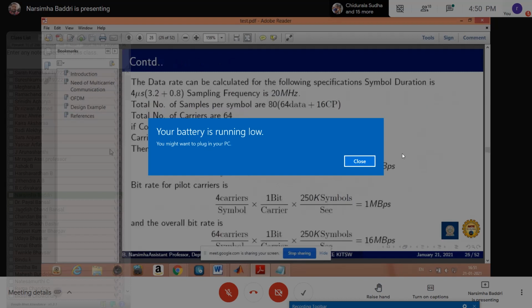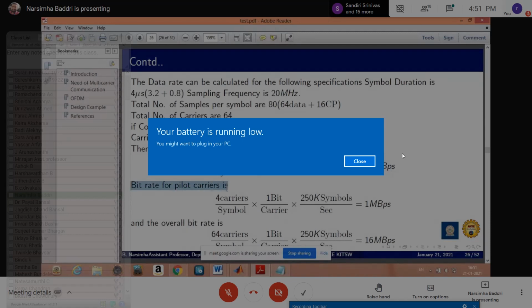Now if you want to see the usable data rate, not all 64 carriers carry data; only 48 carry the data. So 48 carriers per symbol, 1 bit per carrier, and a symbol rate of 250 kilo symbols per second, all put together will give 12 Mbps of data.